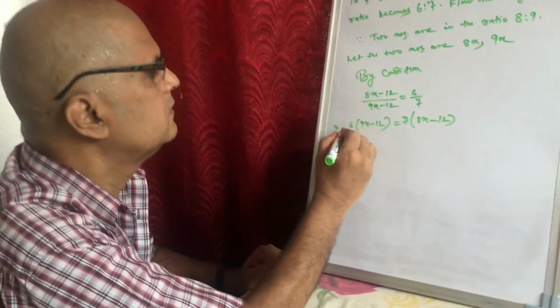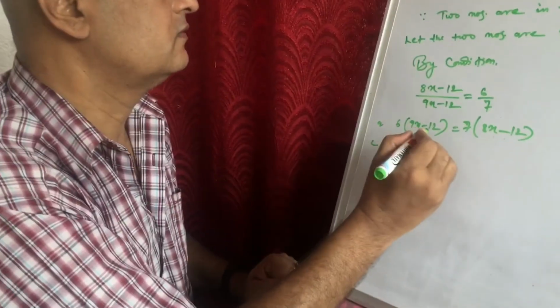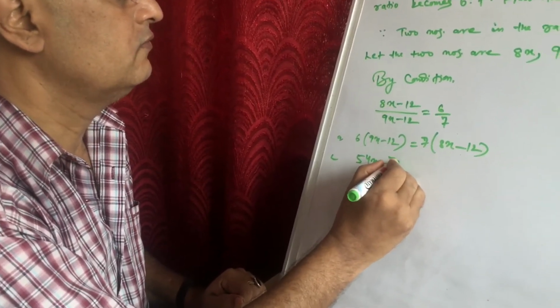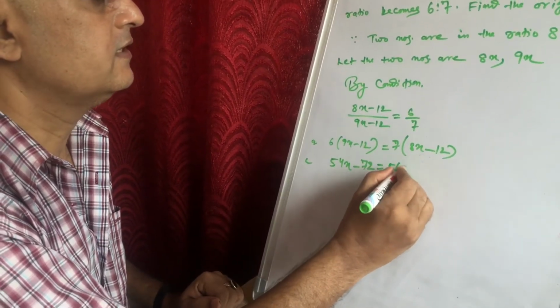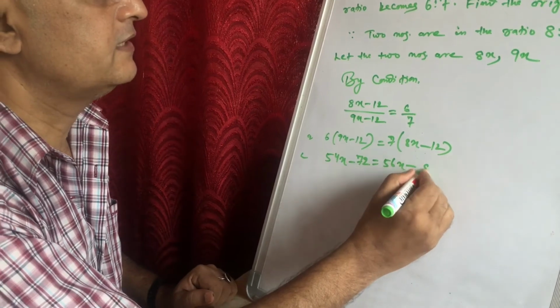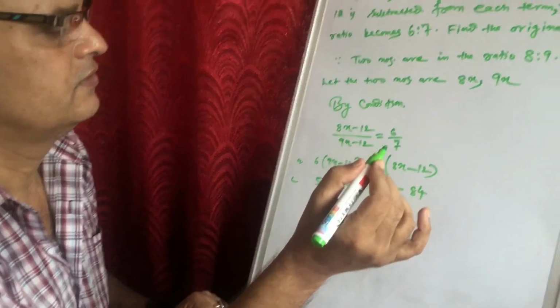So it will be 54x minus 72 is equal to 56x minus 84, because 12 into 7 is 84.